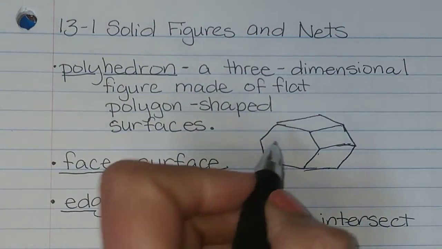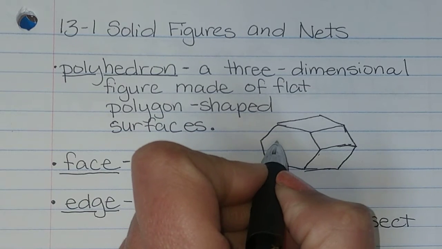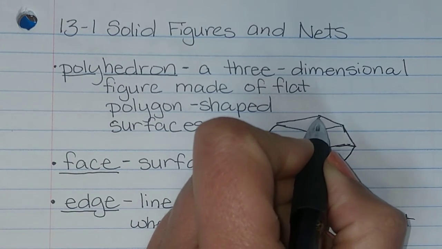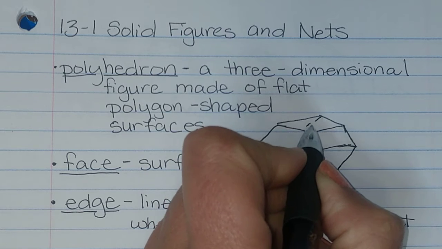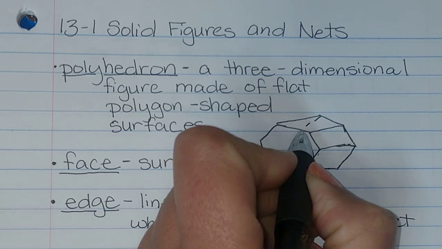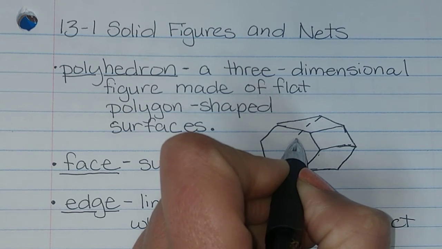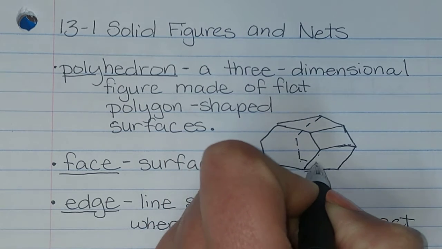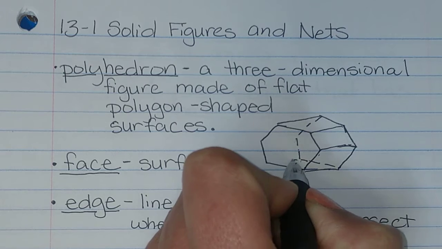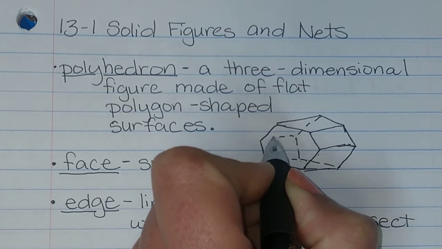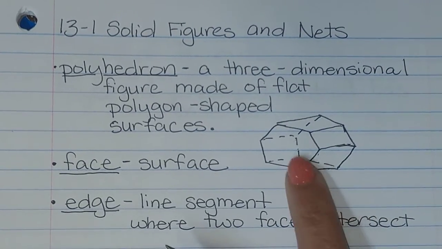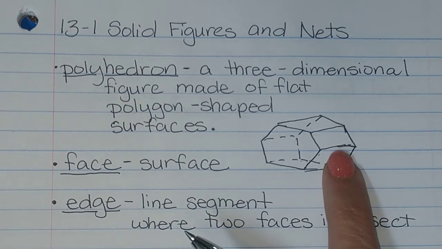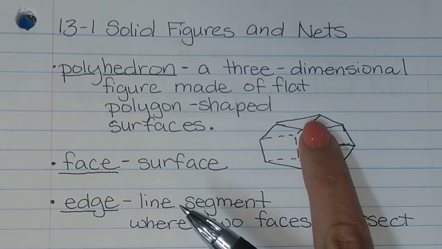Therefore, it's not going to be perfect. However, I can do my best. You can see that we have a hexagon in the front and a hexagon in the back.